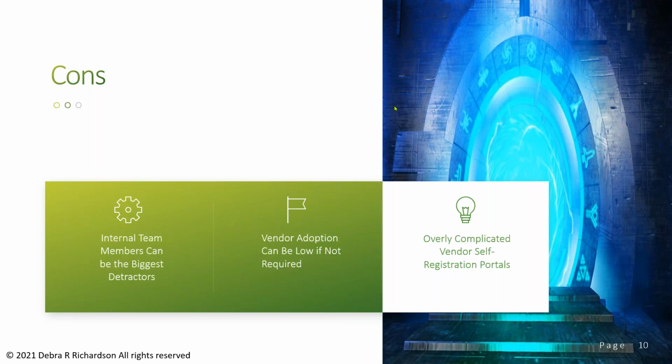Okay. Now, some cons. Those 20% of you that are in the middle of implementing a portal may have already seen some of these or may be upcoming. So the first one is the internal team members can be the biggest detractors, right? They are the ones that actually have a relationship with the vendors, and they can introduce your portal as good or bad, no matter the functionality of the actual portal.